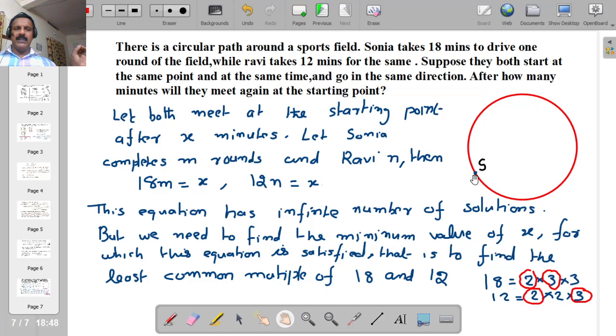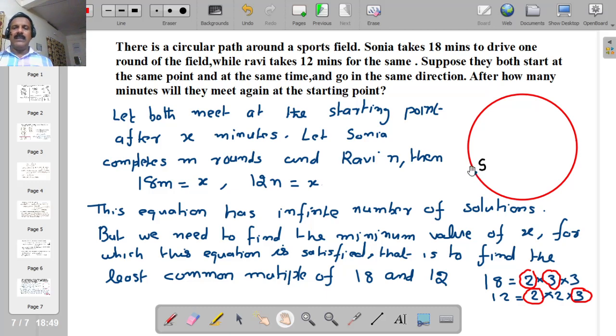Sonia takes 18 minutes to complete one full round, and Ravi takes 12 minutes to complete one full round. Ravi and Sonia meet each other at the starting point after Ravi completes N full rounds.